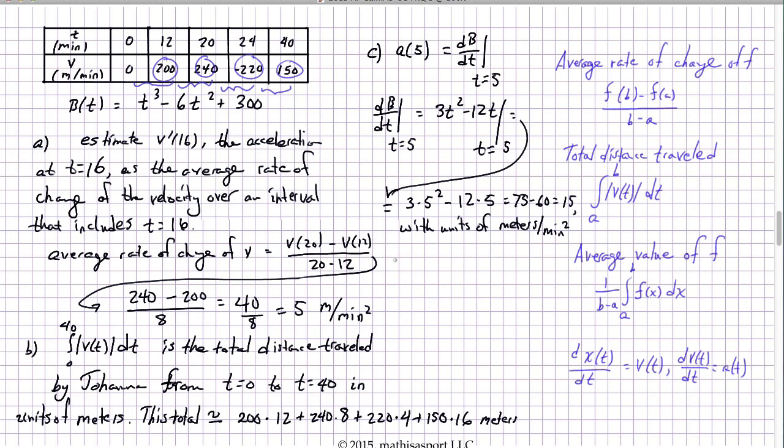And so we'll write that as the integral from 0 to 10 of B of t dt, and then we'll divide by the interval in question, which is 10.